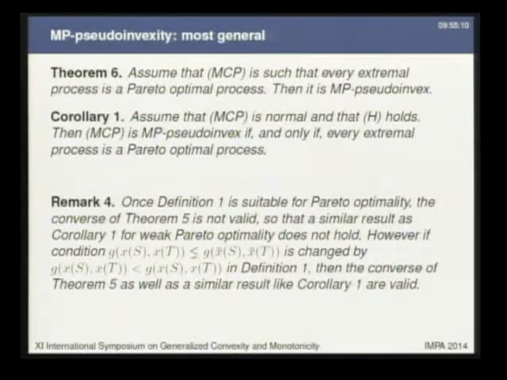The converse of theorem 5 is not valid, so a similar result as corollary 1, this equivalence, for weak Pareto optimality does not hold. However, if this condition, which appears in the definition of MP pseudo-invex, is changed to this one, then we are able to establish the converse of theorem 5 as well as a similar result like corollary 1.